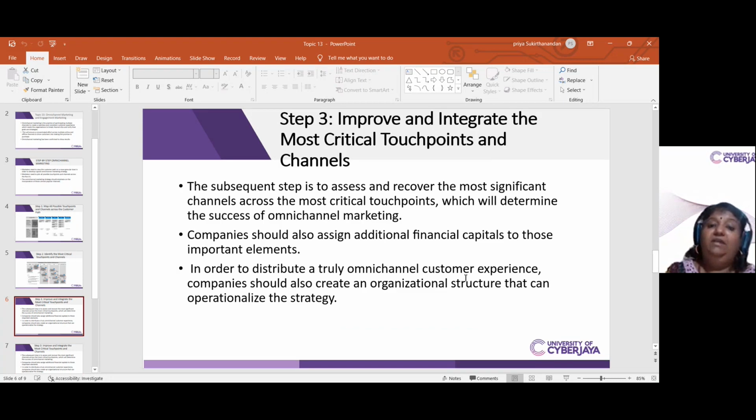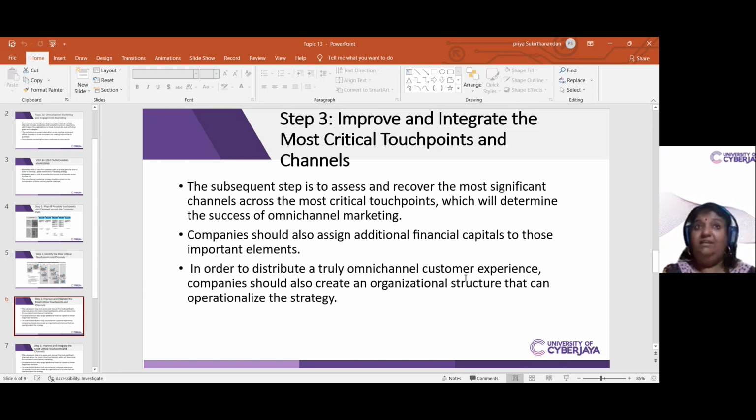Step three, on the other hand, is where you can improve and integrate these critical touch points and channels, where you will want to assess and recover the most significant channel across the critical touch points to determine the success of this omni-channel marketing. So companies must be able to assign additional financial capital to those important elements.